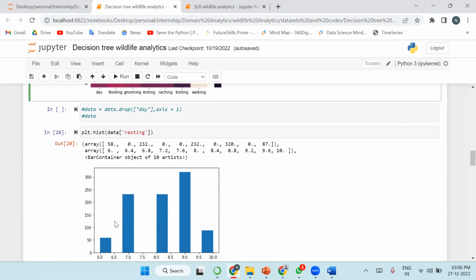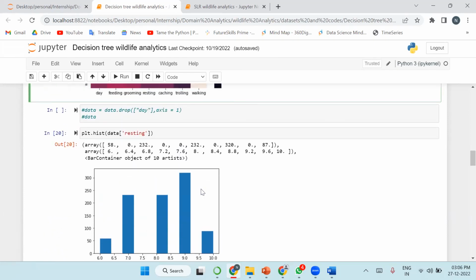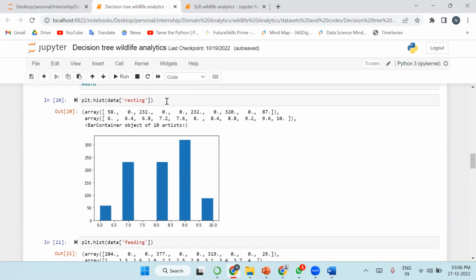Next, we try to visualize the data using a single feature, that is univariate data, with histograms.